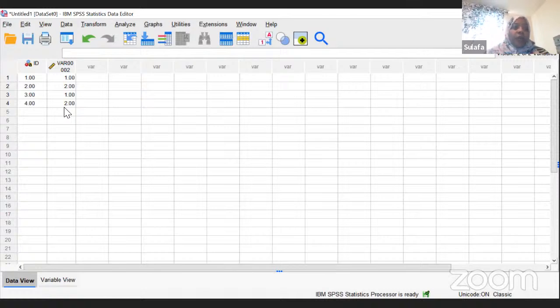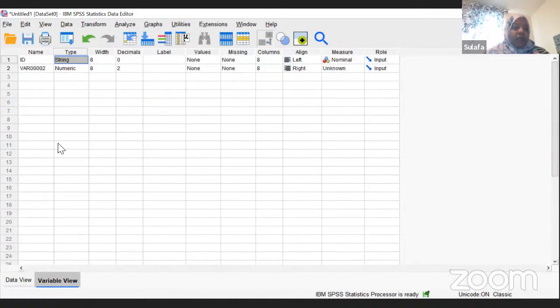The second thing I can do is go to the variable view, and when we look at the type, we can also see if it is a character or numeric variable. So now we change the type of the variable, and this variable is gender, so let's rename it as gender.